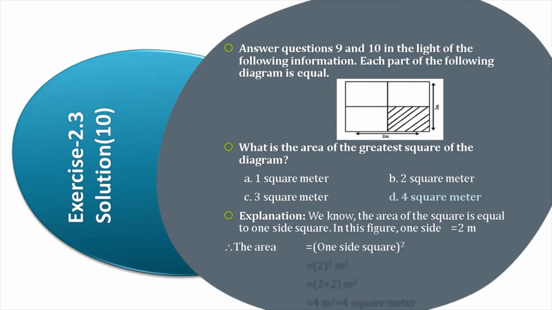So the area is one side squared, so we can write 2 squared meter squared. 2 squared means 2 multiplied by 2 meter squared, that is 4 meter squared, equals 4 square meter. That is our desired answer.